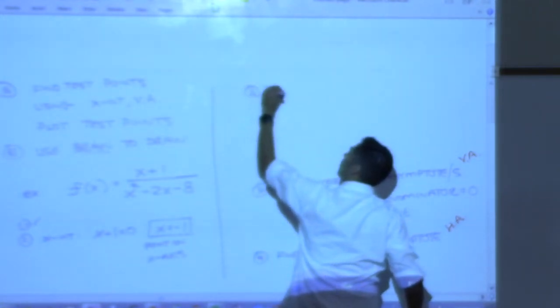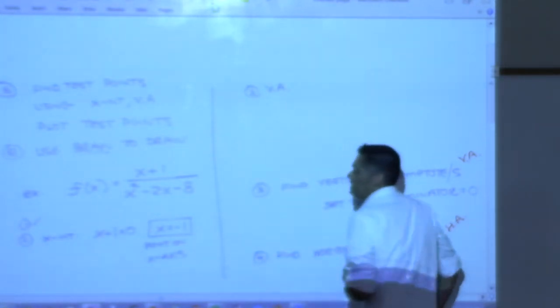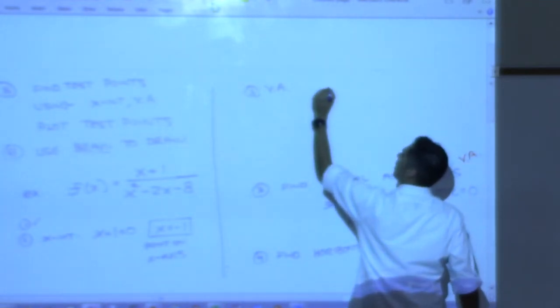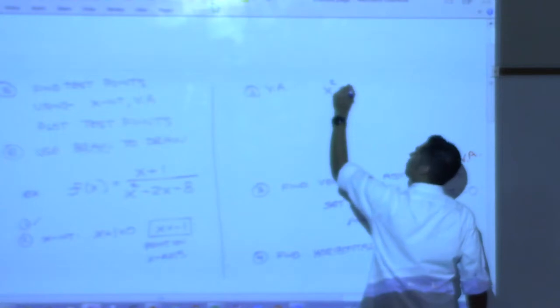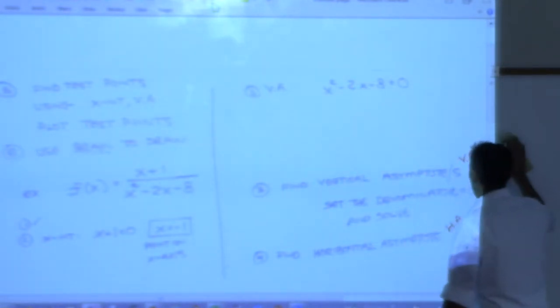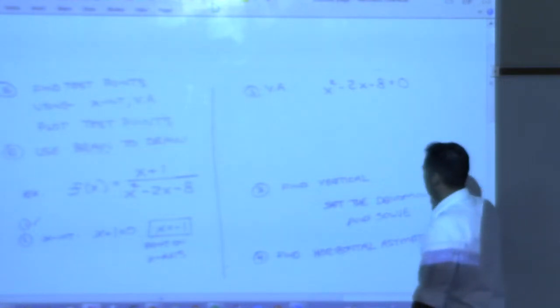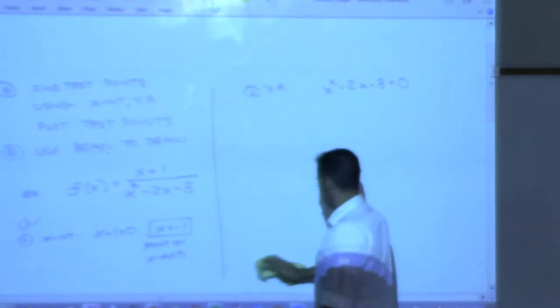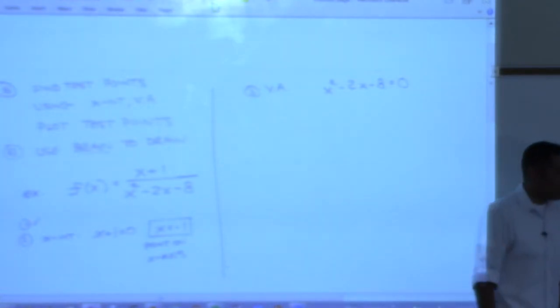Verticals. To do the verticals, I set the denominator of the function equal to 0. So I set x squared minus 2x minus 8 equal to 0. And what are you going to do to solve that? Well, that depends on you. You are either going to factor it or use the quadratic formula.